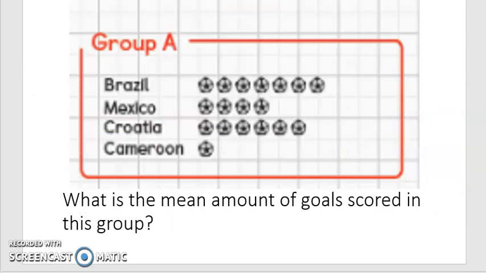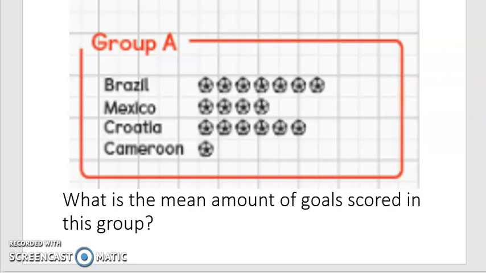Okay, so here we have Group A. Now, if we remember our steps for calculating the mean, the first step is to add up all of the numbers. And the numbers in this particular activity are going to be those goals. So we're going to have to add up all of them. So Brazil's goals, Mexico's goals, Croatia's goals, and Cameroon's goals. That's step one.